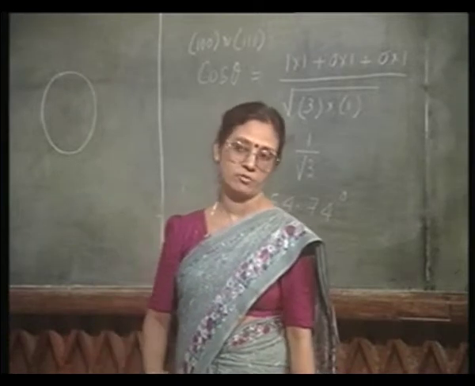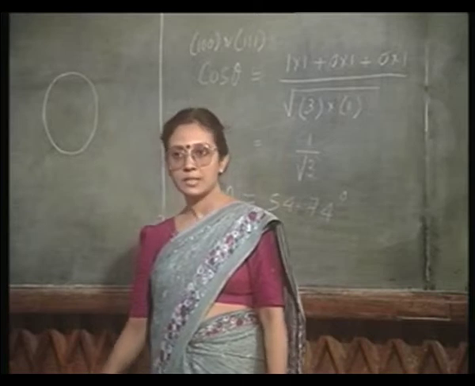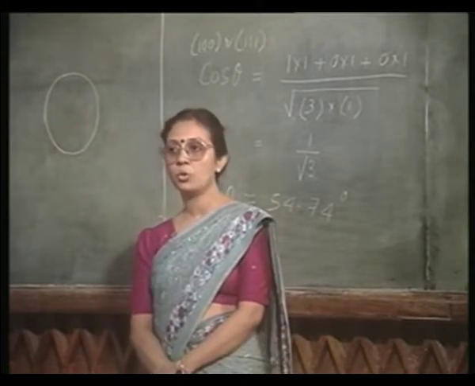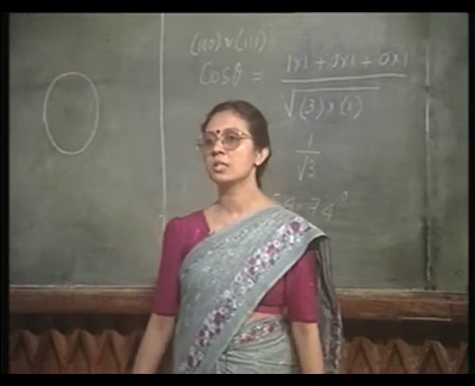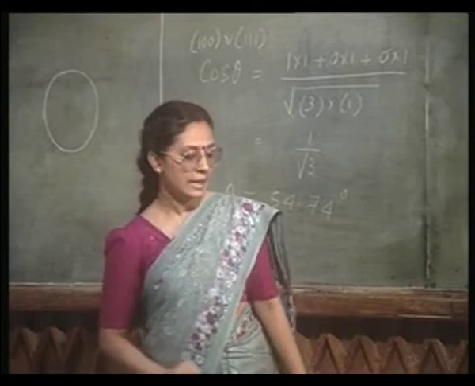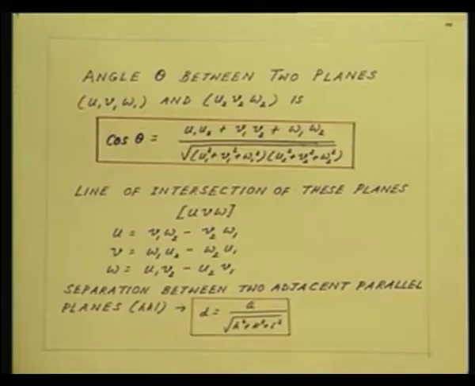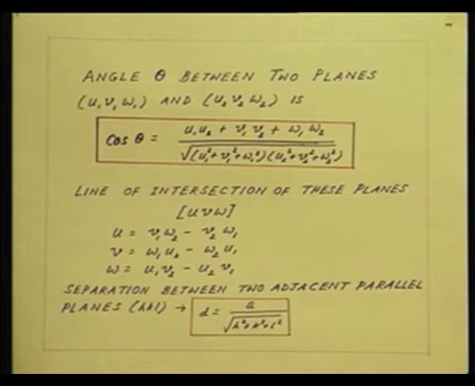That is one observation. The other observation is, when I am doing the scribing, I must know how to scribe, that is along which direction to scribe. Again, this formula tells me what is the line of intersection of these two planes by this UVW.